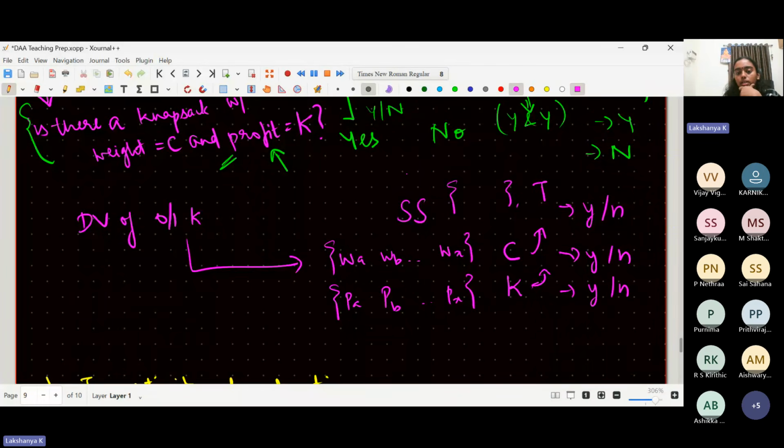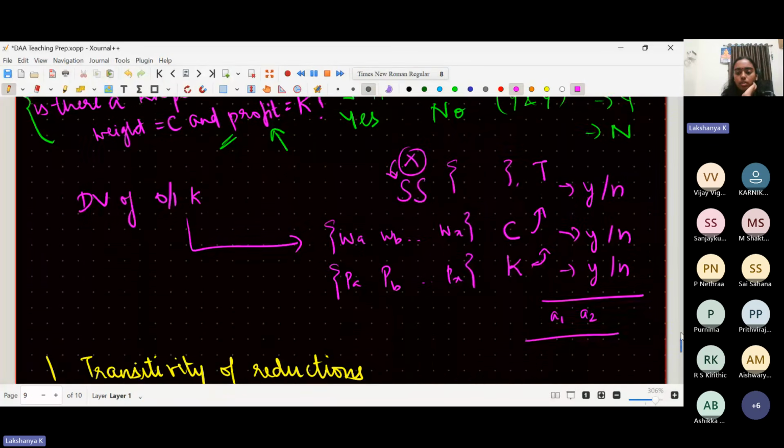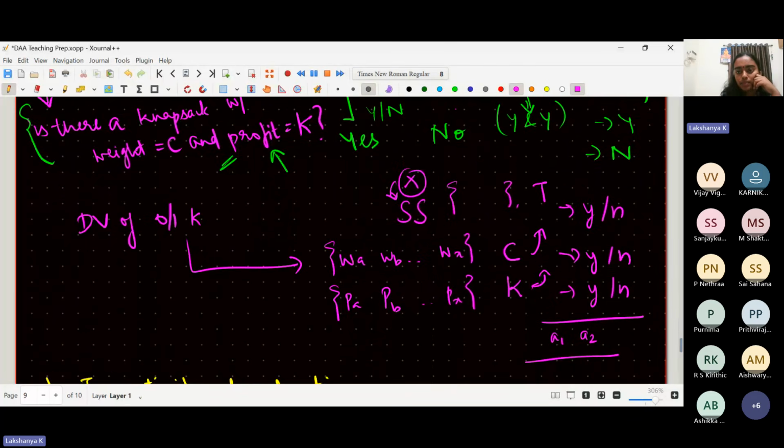So now this is solving my problem X. My problem X is subset sum. This machine is solving it somehow, and it is giving me two answers, answer 1, answer 2. I don't know how much time this took. I don't know what algorithm was used, and I don't care about any of that. Now, once I get these two, I have to check if this is also a yes and this is also a yes.